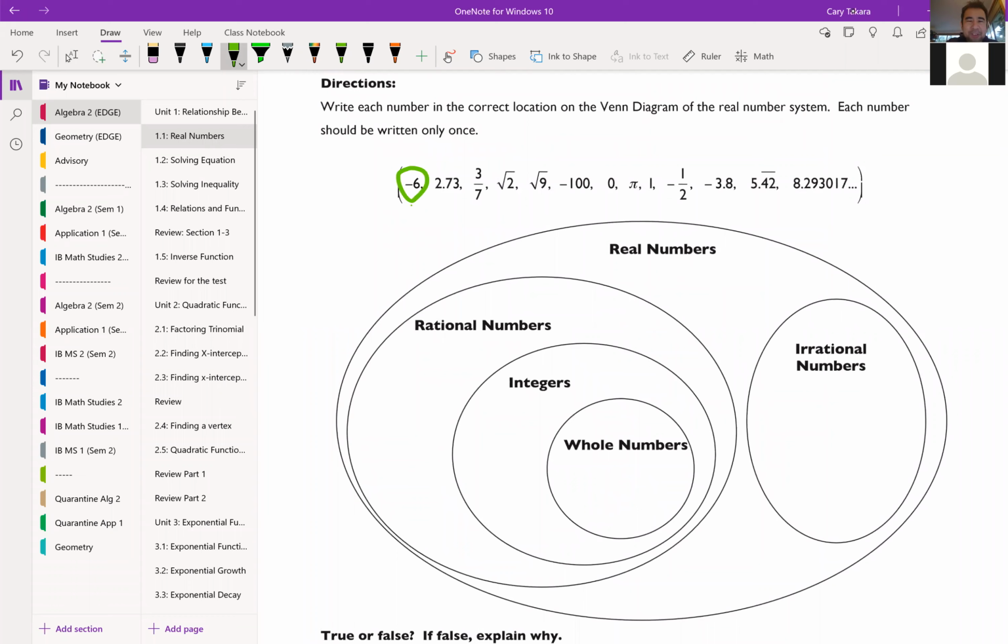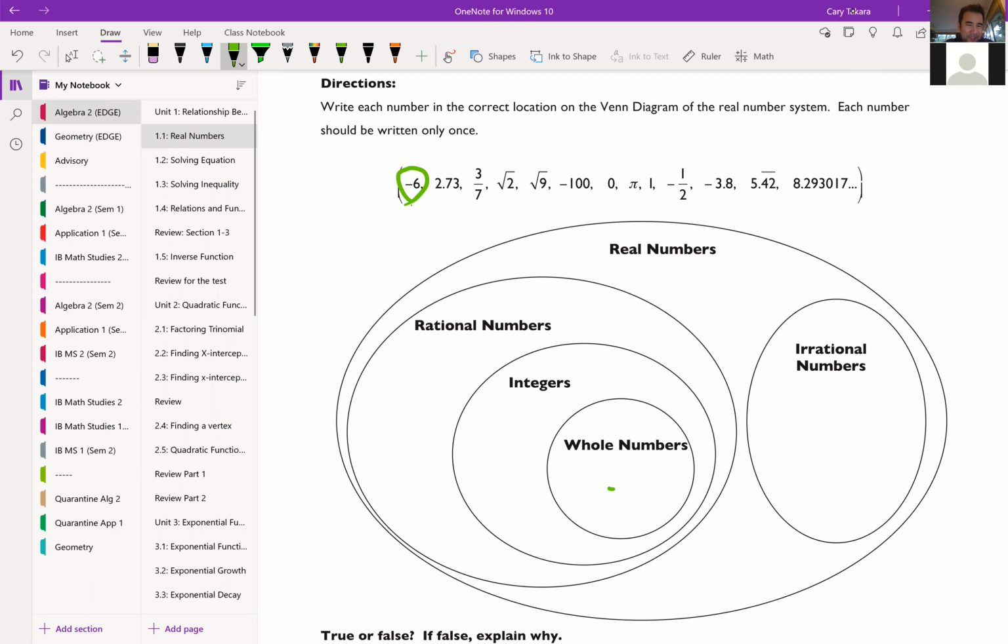Where would you put -6 in this diagram, in this map? -6 is, what would you say? Where would you put it?